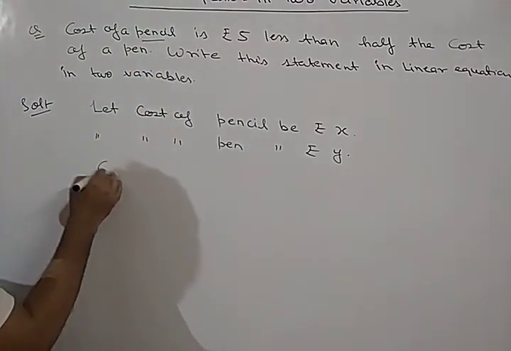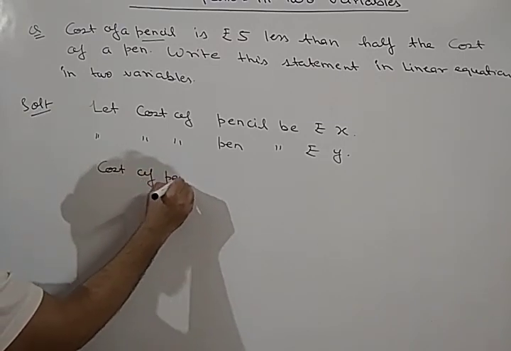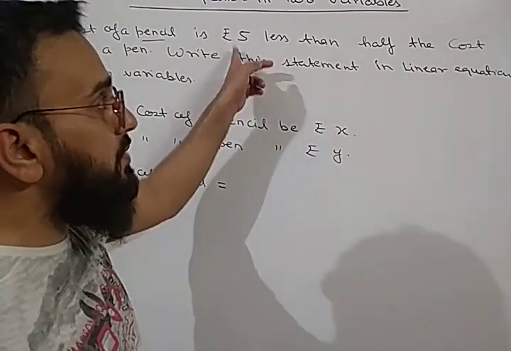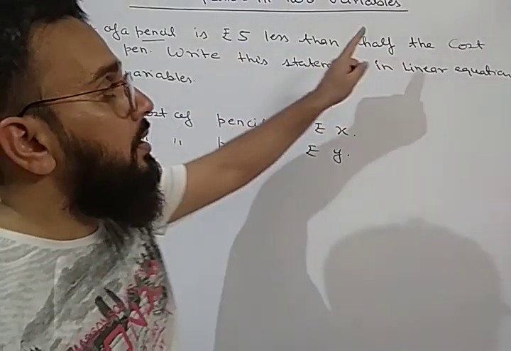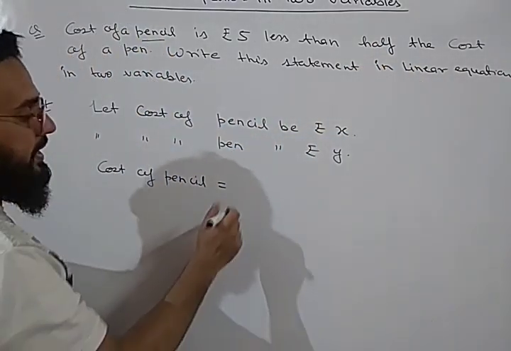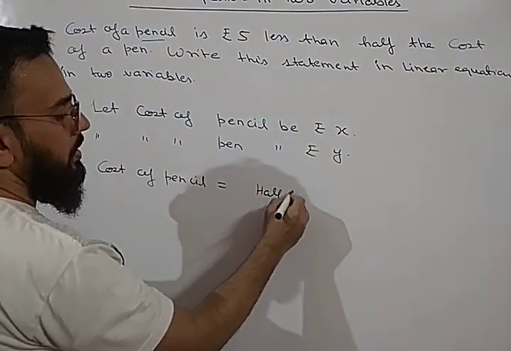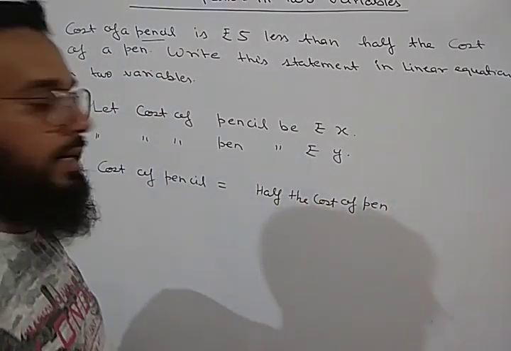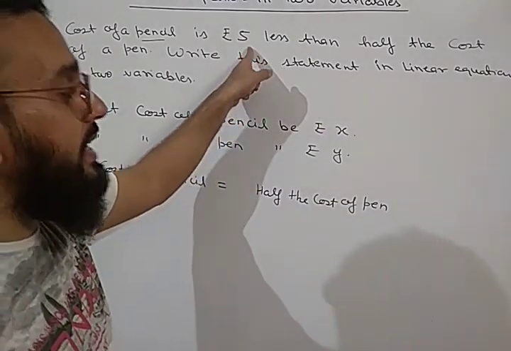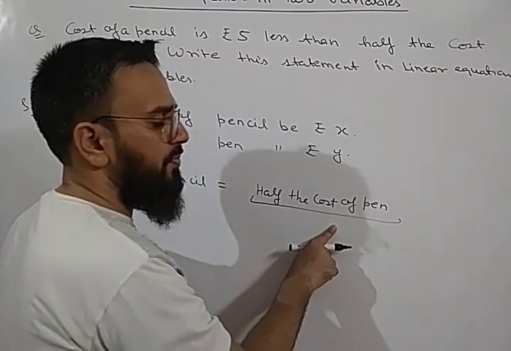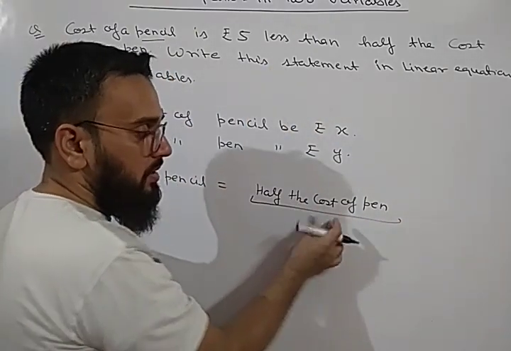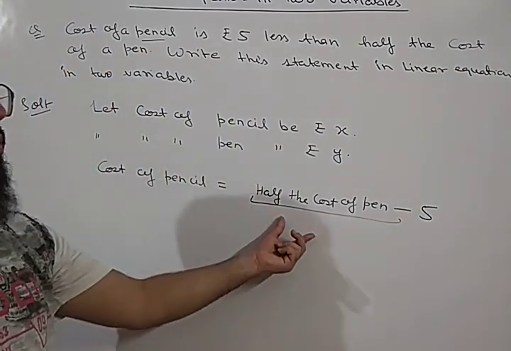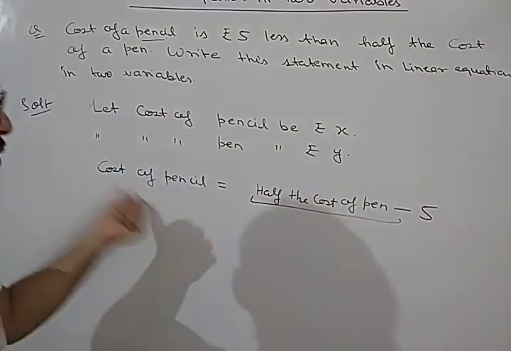Cost of pencil is equal to rupees 5 less than half the cost of pen. It means first we will make the half the cost of pen, and the cost of pencil is 5 less than this much of the cost, half the cost of pen, and 5 less than from this, it means minus 5. Half the cost of pen minus 5, it will be equal to cost of the pencil.